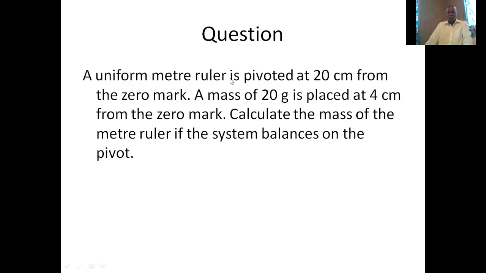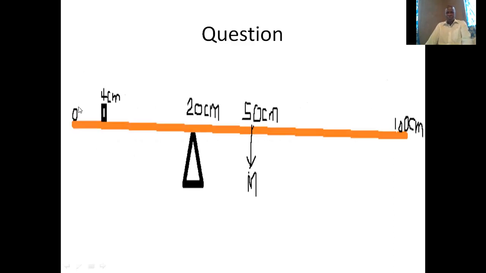Here is a uniform meter rule. Uniform meaning that the mass in that ruler is evenly distributed, and therefore it is pivoted at the 20 centimeter mark from 0. So we have a meter rule which has marks from 0 to 100, and they put the pivot at 20 centimeters starting from 0.